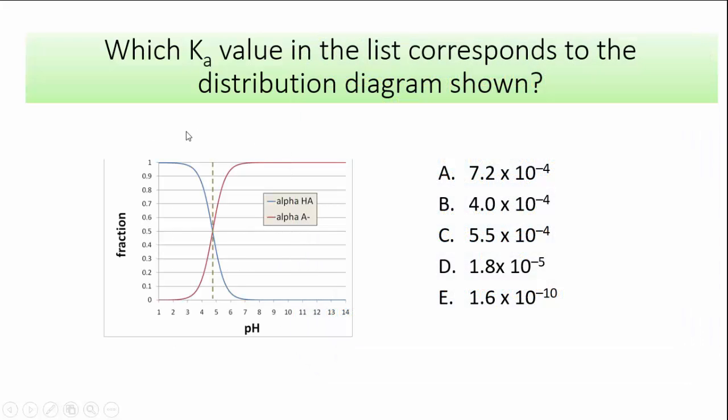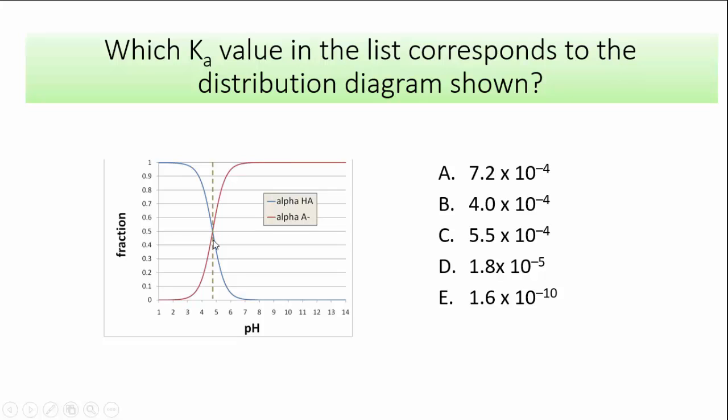And along that line, furthermore, I like to ask this kind of question. Which Ka value in this list? So I guess there's 1, 2, 3, 4, 5 potential weak acids, and here are their Ka values. So this is the pH distribution diagram for which one of these acids?